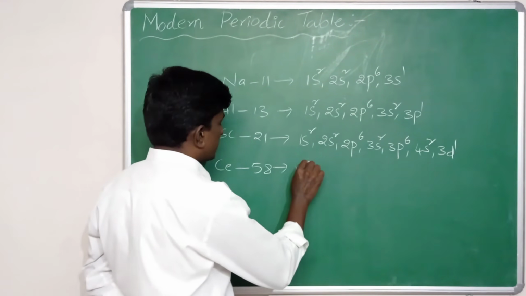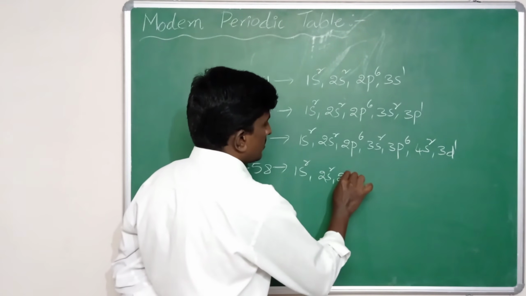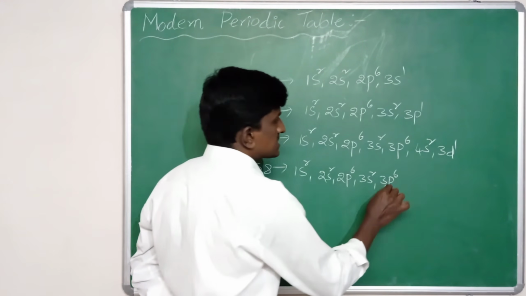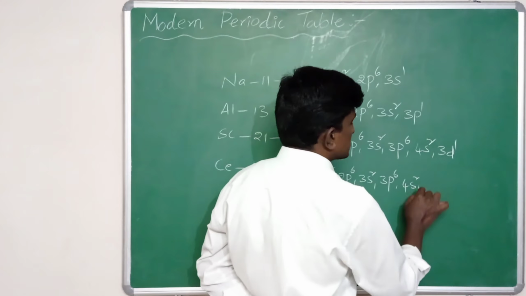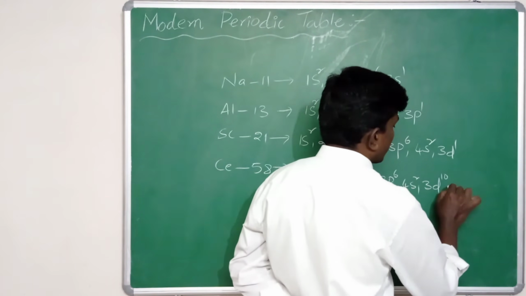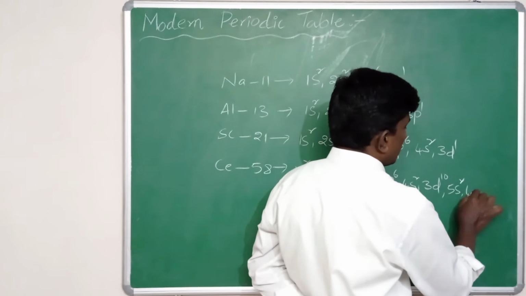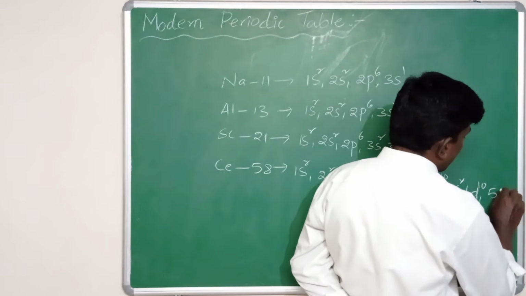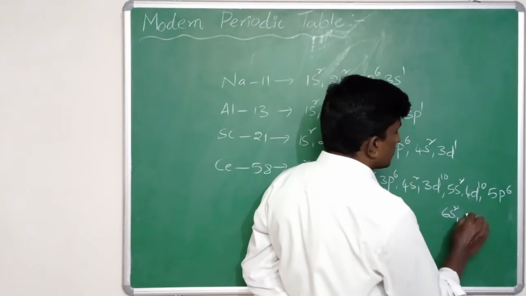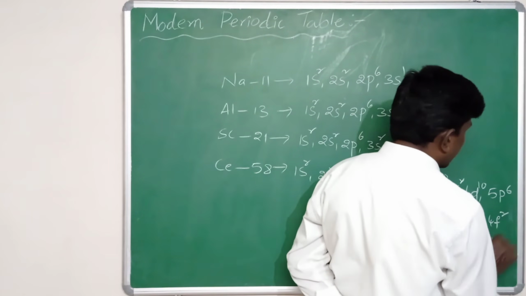Similarly, for cesium: 1s2, 2s2, 2p6, 3s2, 3p6, 4s2, 3d10, 5s2, 4d10, 5p6, 6s2, 5d1, 4f2.